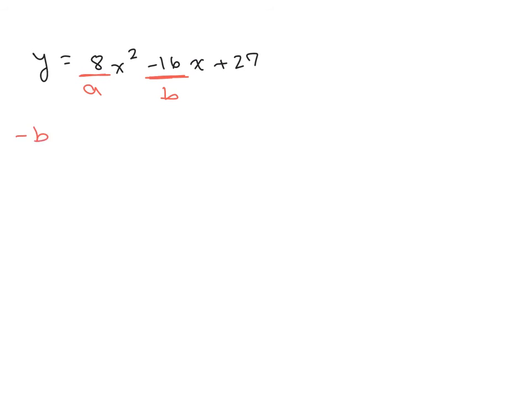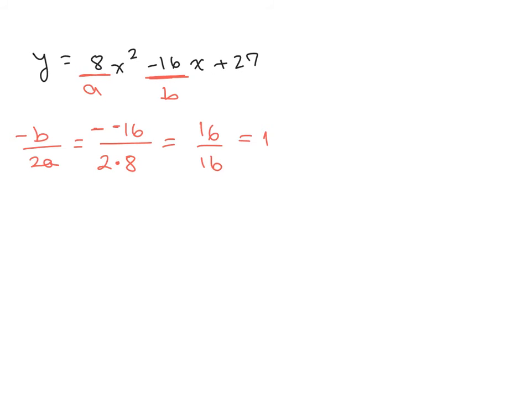So we're going to start by doing negative b over 2a. Our negative b is negative 16, so that's negative 16 all over 2 times a, and our a is 8. So negative 16 is actually 16, and 2 times 8 is 16. Now we have 16 divided by 16, which is 1.